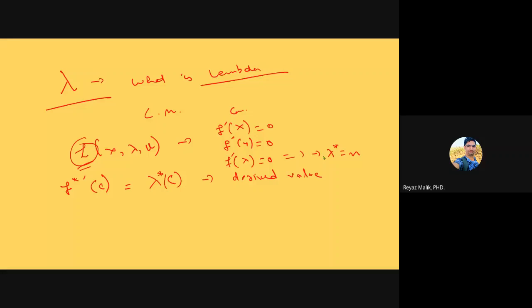I will just give the definition. Tomorrow we will see some more details about lambda, because this is also important.